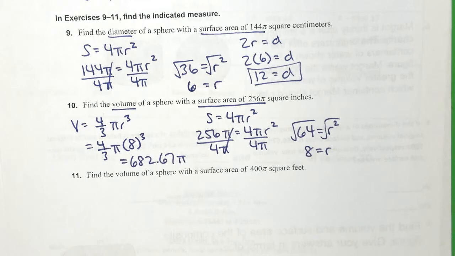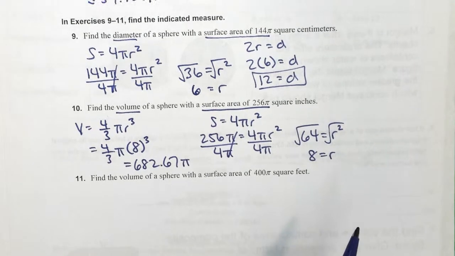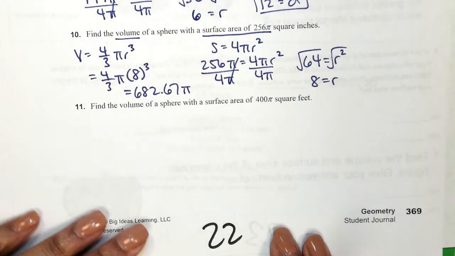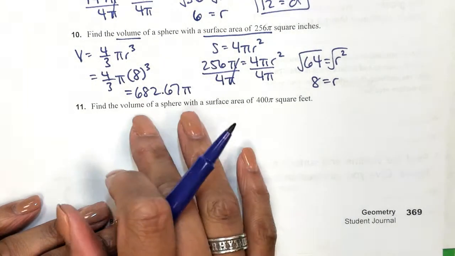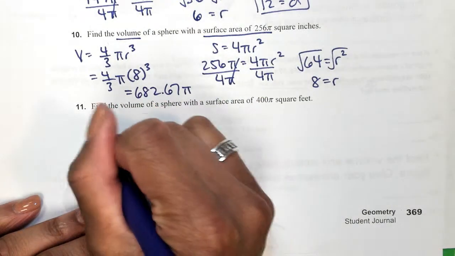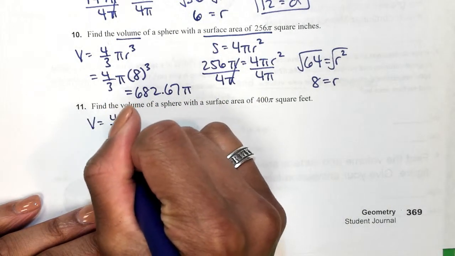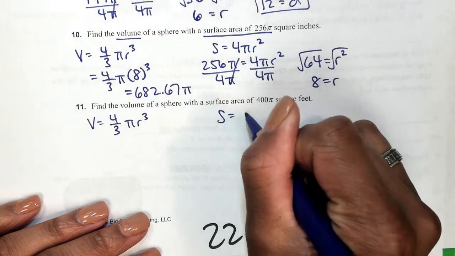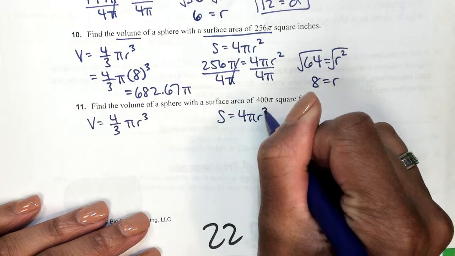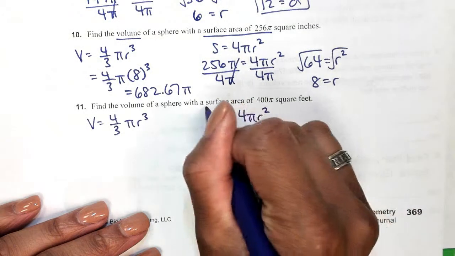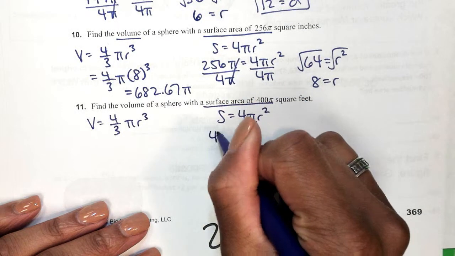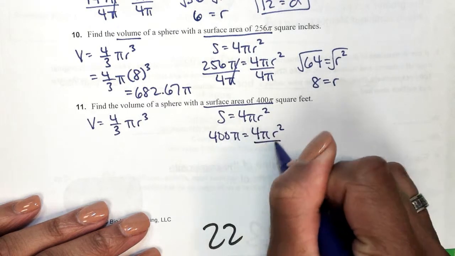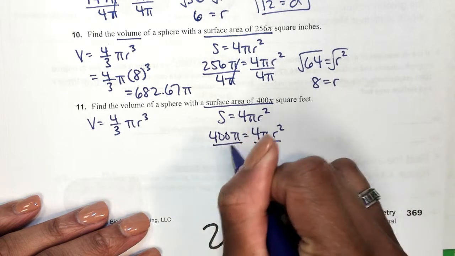Okay. And then onto our final extra practice example. We have find the volume of a sphere with a surface area of 400 pi. Very similar to the previous question. We know the volume is 4/3 pi r cubed, and the surface area is 4 pi r squared. So the surface area is already given to us as 400 pi, and we need to find the radius. So I'm going to divide by 4 pi.